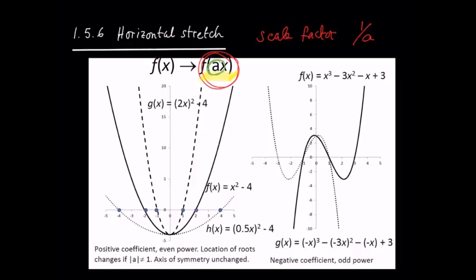If we multiply the x values by that number, we'll get the wrong answer. It's important also to remember that the locations of the roots will change if the modulus of a is not equal to 1. The y values of any vertices and also the intercept on the y-axis will not change.